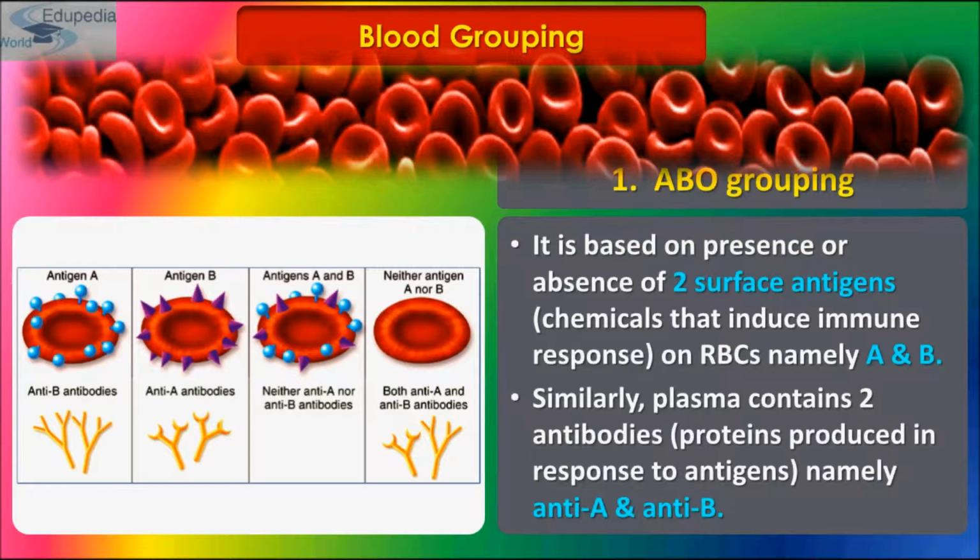As I have told you, this is based on the presence or absence of the two surface antigens on RBC that induce an immune response, namely A and B. Similarly, plasma contains two antibodies produced in response to the antigens, namely anti-A and anti-B.